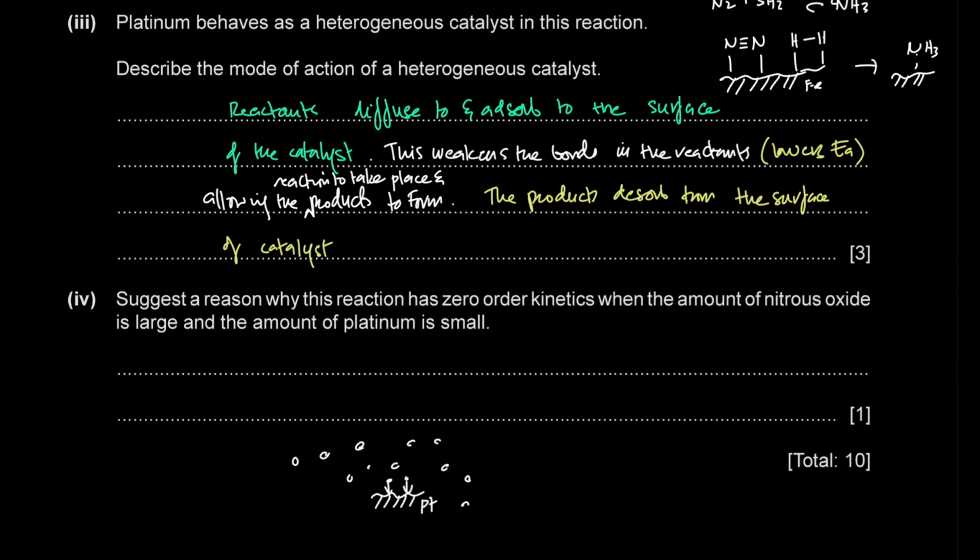Because we have very little platinum, all the active sites on the surface of the catalyst are occupied, i.e. the platinum is limiting the rate.